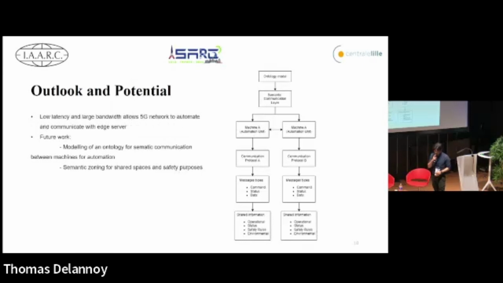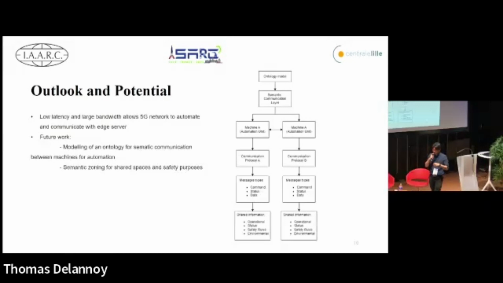One of the future works that we would like to have is the modeling of an ontology. An ontology is basically the linkage of the messages and how the function of the machine works. For example, in the figure, you can see machine A, whether it is two machines of the same type or different ones. We can have different protocols, and all of these can communicate with each other, and it can know what should be done in certain situations.